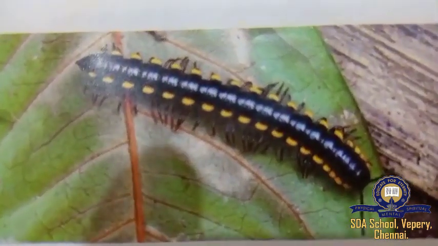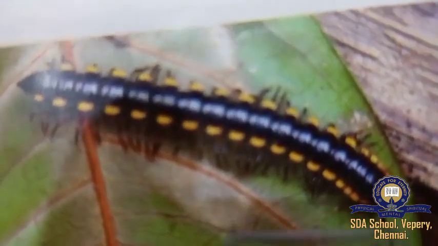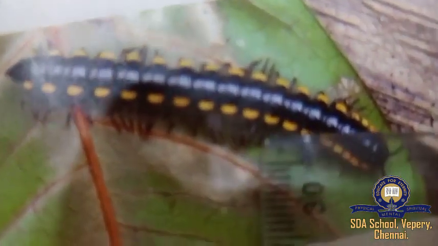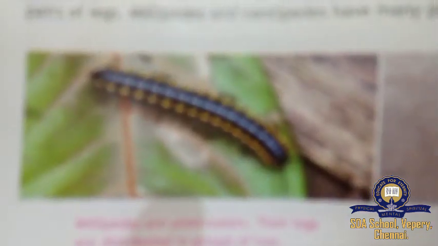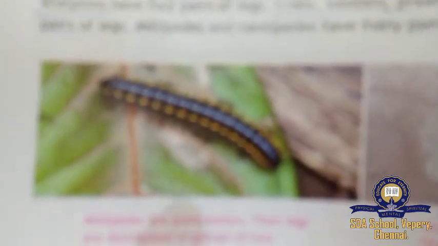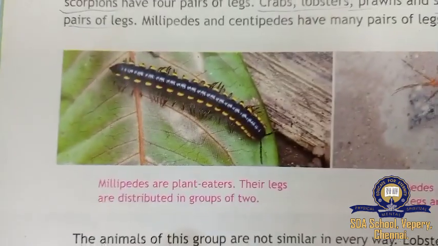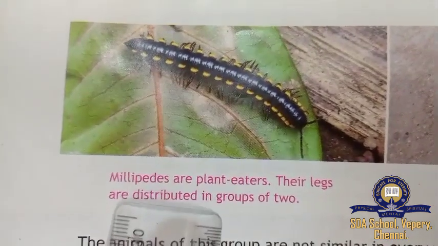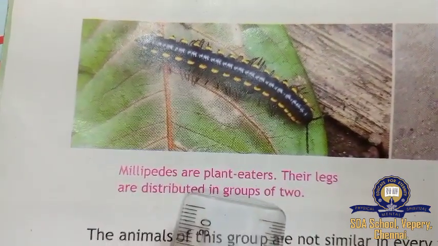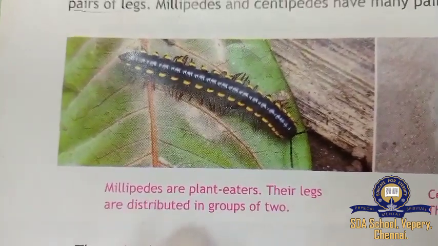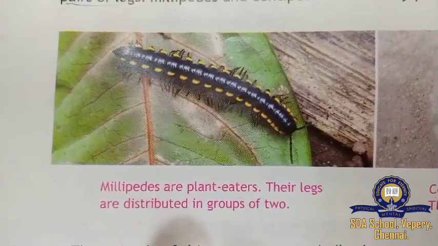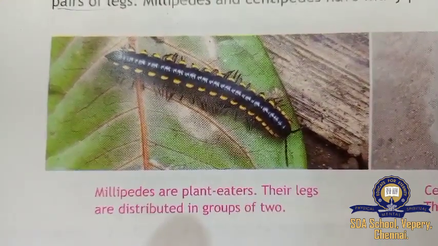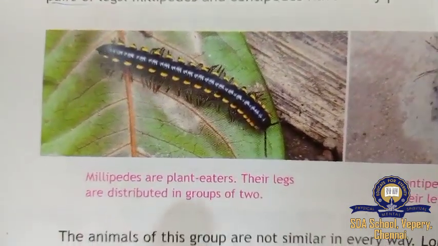Each pair, many legs. You should remember the millipede spelling. Pairs means two.